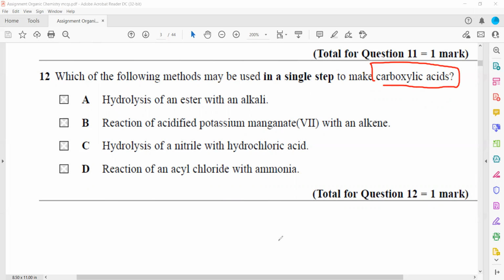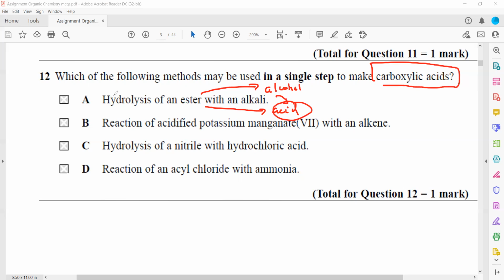So when we check the options, when we do hydrolysis of the ester, the product will be alcohol and acid. But that acid which is formed here directly reacts with the alkali to form a salt.